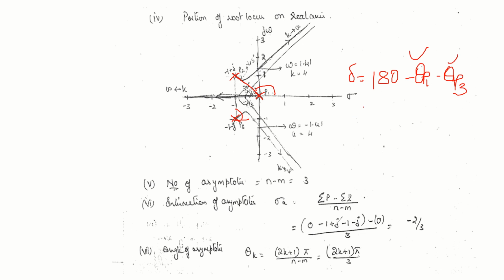Substitute those angles and you'll get minus 45 degree. So draw a horizontal line, measure minus 45 degree. Here plus 45 degree. So draw one line. So now when you are drawing the root locus along this, it should go, then it should become asymptotic. Okay, that's a speciality, angle of departure.